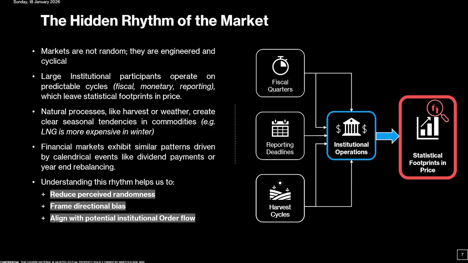So understanding all of these factors helps us to, first of all, reduce the perceived randomness of price and of markets. It also helps us frame directional bias. And it also helps us align with institutional order flow, whether it's bullish or bearish institutional order flow.